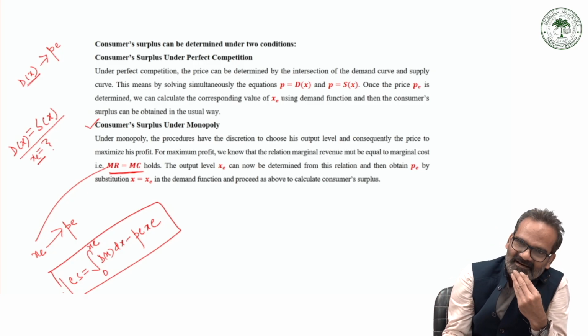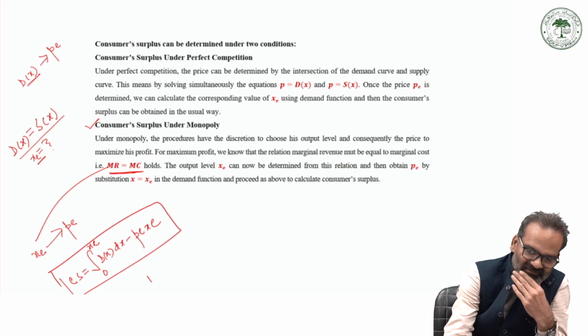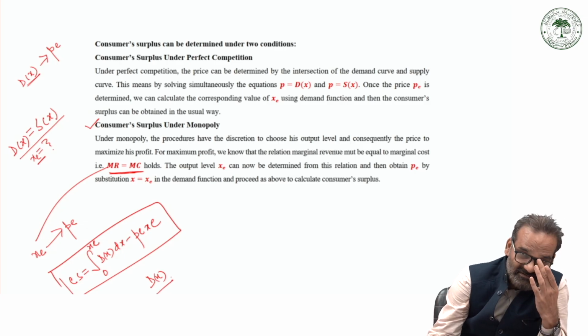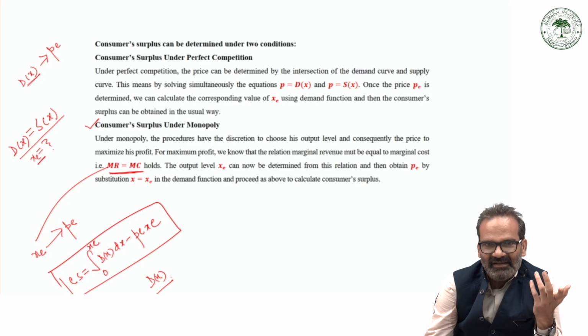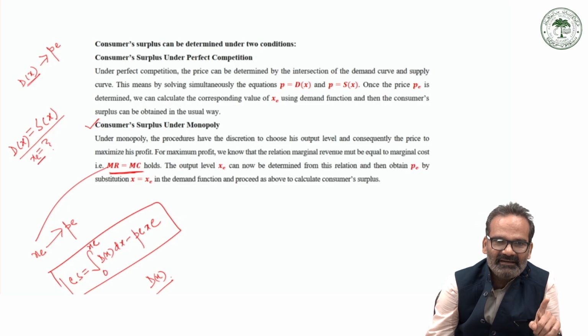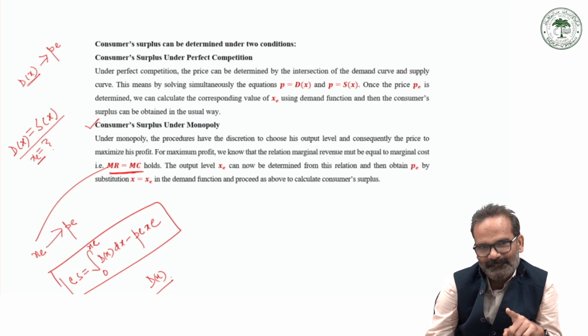We need three components. You must have the demand function in the question, right? If the demand function is there, you can very easily determine the quantity demanded in the market, and if the quantity demanded has been calculated, put it in the demand function and you will get its respective price, right?